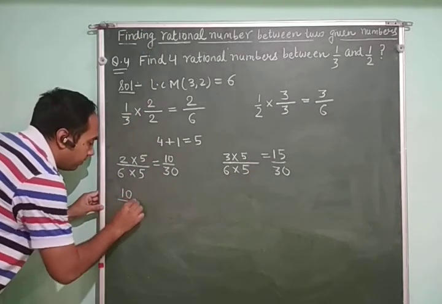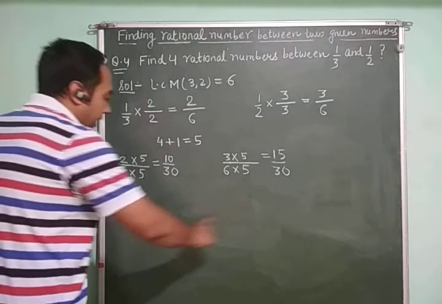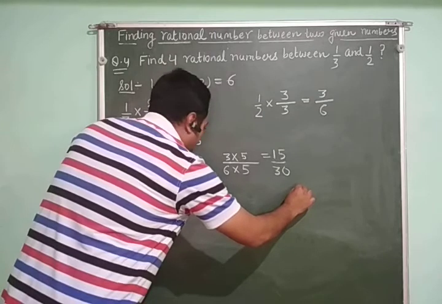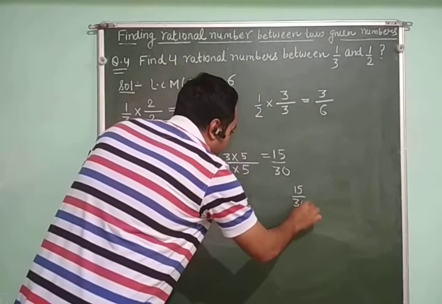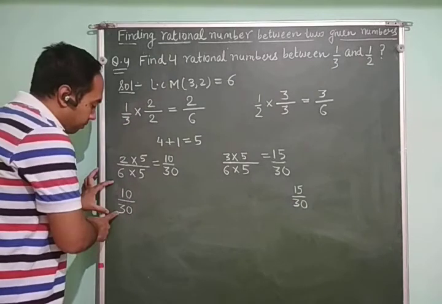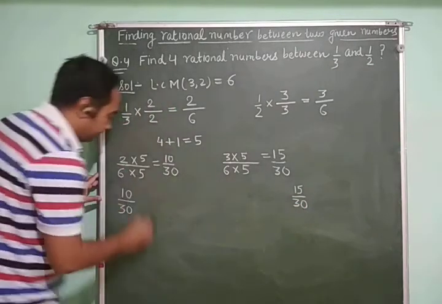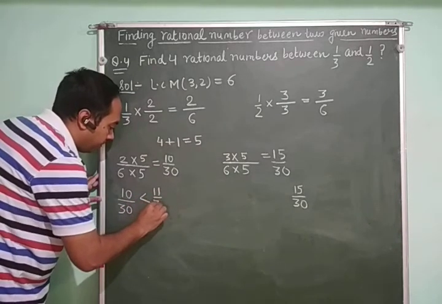In the next line, I am writing over here 10 upon 30. And then I will give some space. After giving some space, I am writing 15 upon 30. Now, we will find 4 rational between 10 upon 30 and 15 upon 30. So, the first rational will be 11 upon 30.